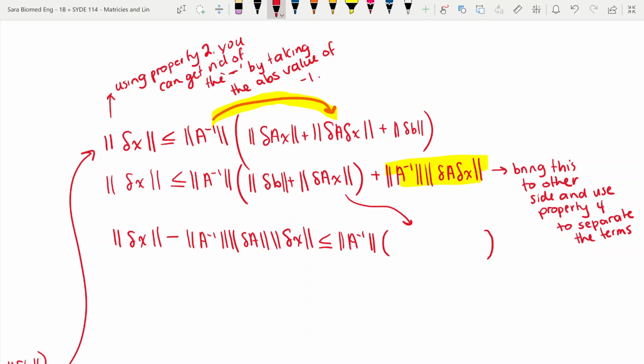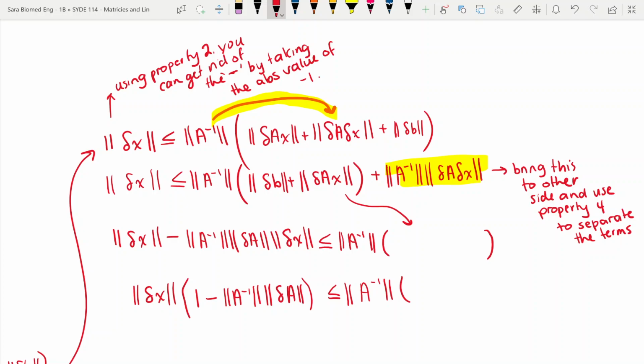That's a good point. Now we can take every term that has delta x and move whatever is left to the other side. So let me work there. Right here, it's delta x norm times 1 minus A inverse norm times delta A norm, and it's going to be less than or equal to A inverse norm.